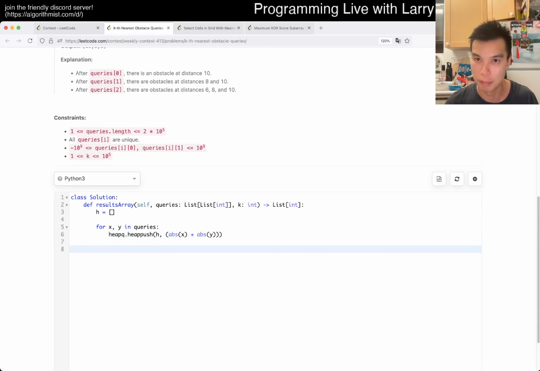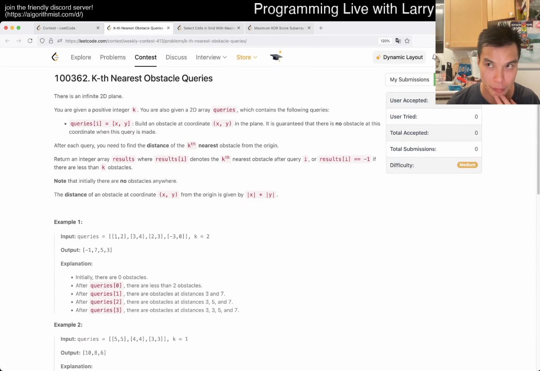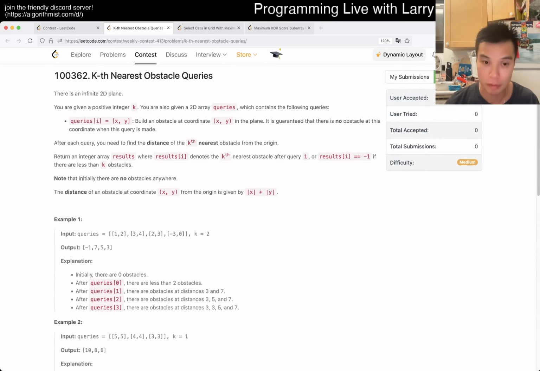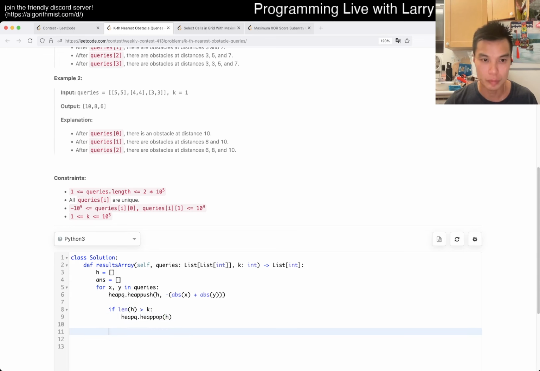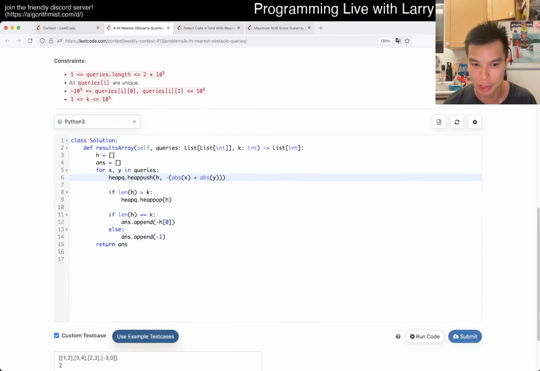So then do we want a min heap or max heap? Why am I so bad at this? Maybe I'm wrong on this one actually.